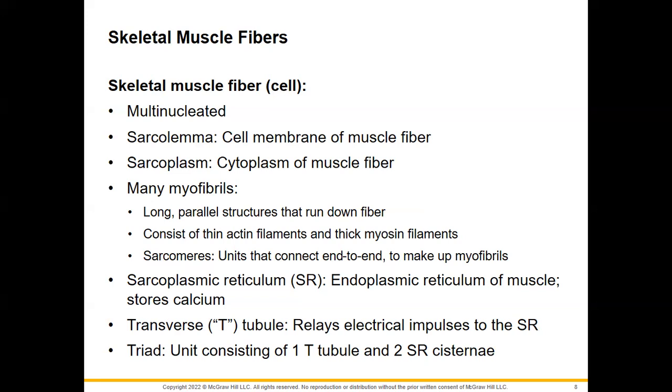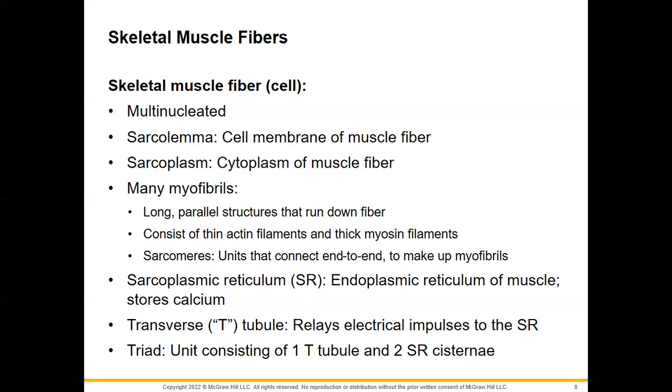All right? So sarcomeres make up myofibrils. Myofibrils are long parallel structures that run down each fiber and consist of thin actin filaments and thick myosin filaments.